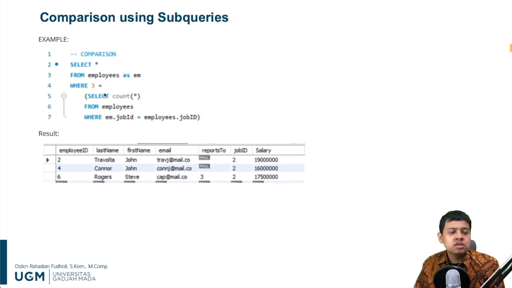So we output the team, for example, the job ID that has 3 counts. We select the count where the count is equal to 3. So if a team consists of 3 people, then it will be outputted. So that is that example.